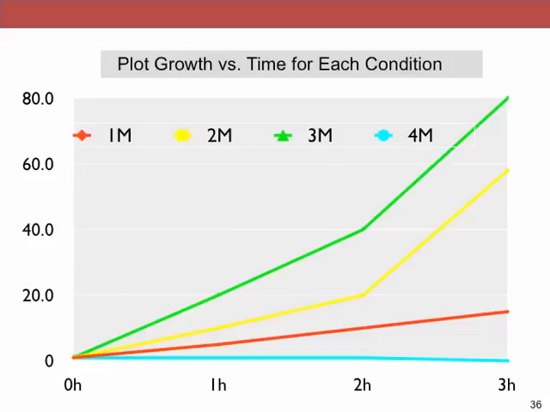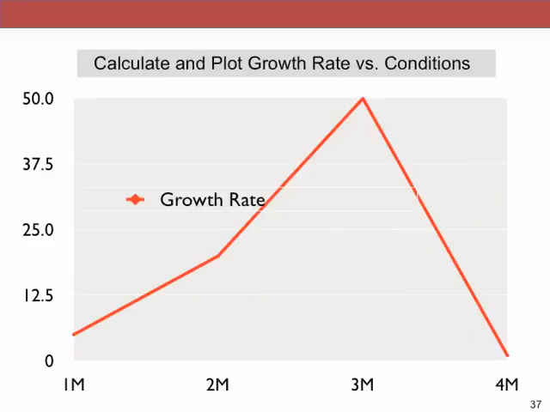So now you see that in 3 molar salt, the growth was the highest. You convert this information into a growth rate, so a rate of growth per unit time, and now you plot it again versus salt, and you can see that the highest growth rate was in 3 molar salt concentration.